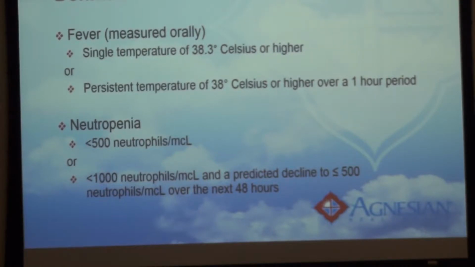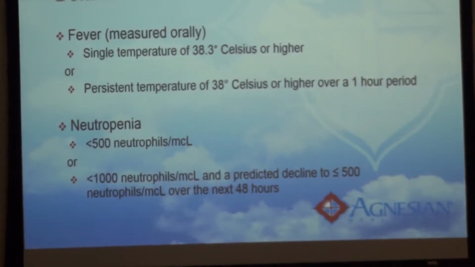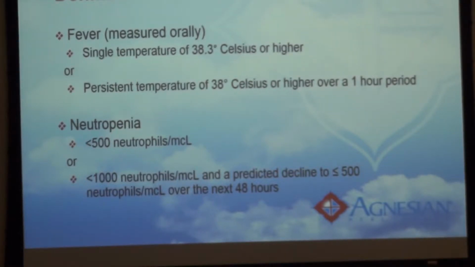Guidelines say 500, but there's still that disparity since these are new guideline recommendations. And then we take it a step further and define profound and prolonged neutropenia. That's when we're expecting neutropenia with less than 100 for greater than 7 days. That's going to come up quite a bit during the presentation because that guides prophylaxis and things such as that.